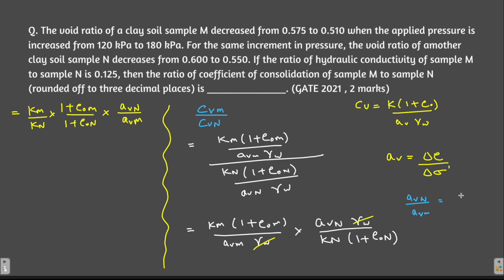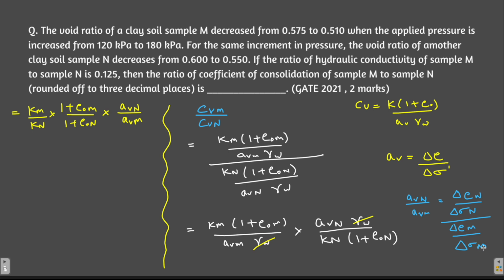avn by avm is delta e of n by delta sigma dashed n, divided by delta e of m by delta sigma dashed m.